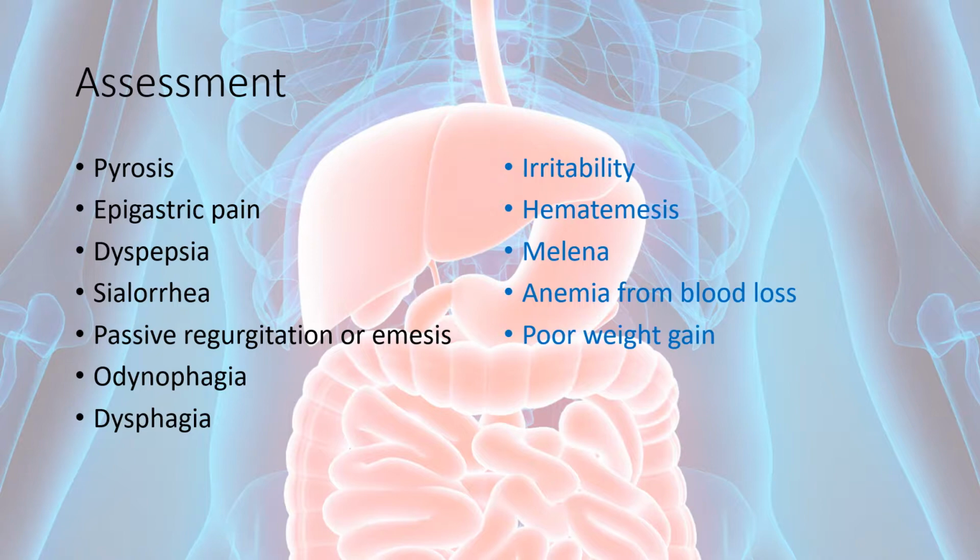They may have melena, and melena are really dark, sticky stools, and that darkness and that stickiness really comes from half-digested blood. If our infant has GERD for a long time or has a very severe case, you're going to see anemia from the blood loss. And we're also going to see poor weight gain.